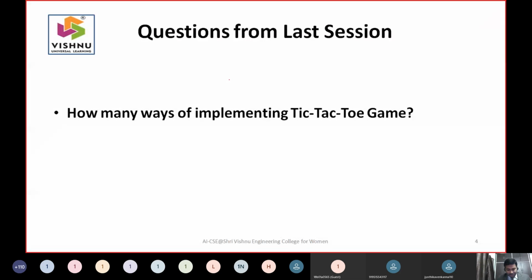Last class, if somebody remembers, can we take the blank value as 0, A value as 1 and B value as 2? Yes, sir. If you take A value as 1, B value as 2 and blank value as 0, what type of number system is it?